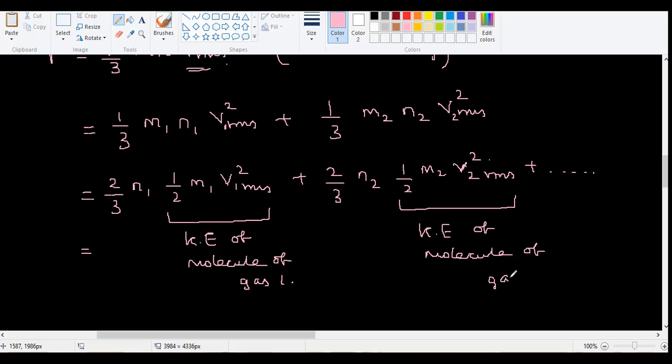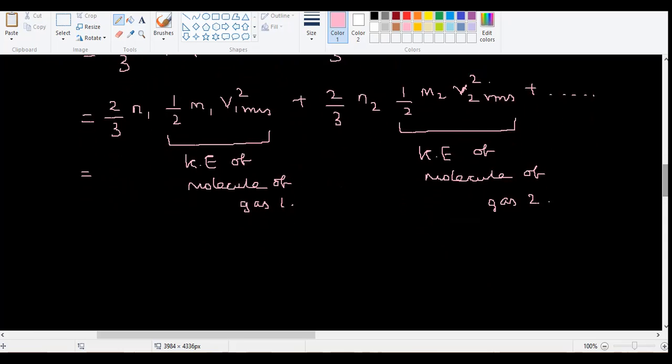So like that, I can keep on doing for the next one. 2 by 3 N1 kinetic energy of one molecule at a given temperature, right? So this is a bit confusing.